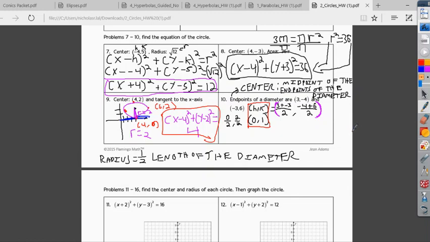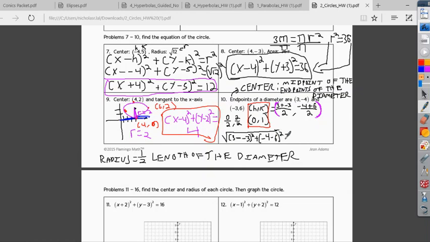So we have the square root of (3 minus negative 3) squared plus (negative 4 minus 6) squared.